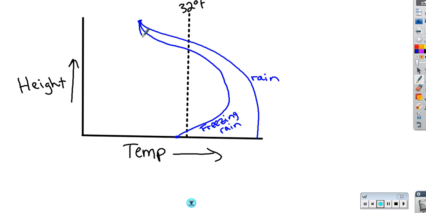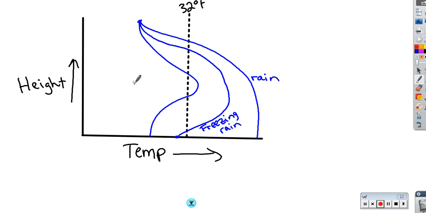Third would look something like this. In this case, again, we start here with frozen precipitation. There's a period while it falls that it does melt, because there's some temperature inversion here.